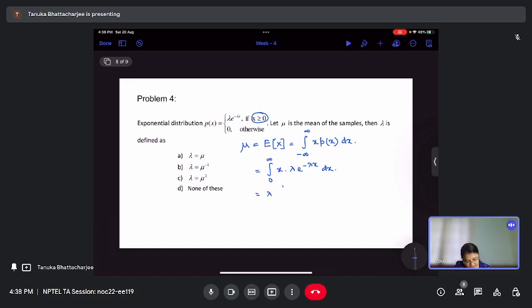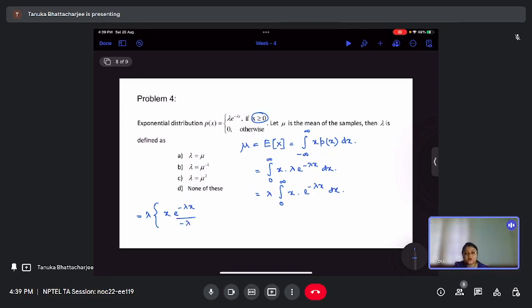Now, we take the lambda out, x e to the power minus lambda x dx. So as you can see, you have to solve this integration by parts approach. So x will be one part and e to the power minus lambda x will be the other part. So we can do this integration like this. Lambda we keep it outside. Then for the integration part, first we take the first function into integration of second function, that is e to the power minus lambda x.